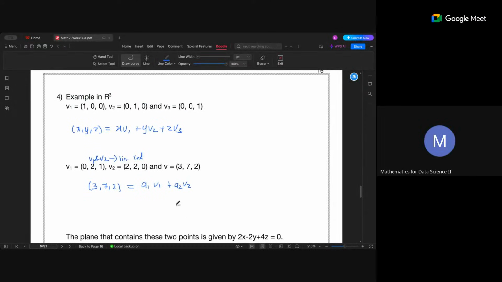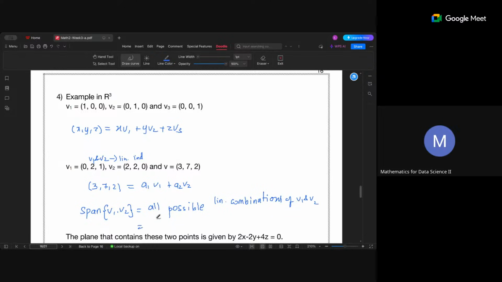Okay, so span of a set of vectors V1, V2 is all possible linear combinations of V1 and V2.